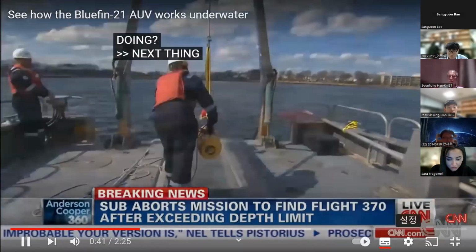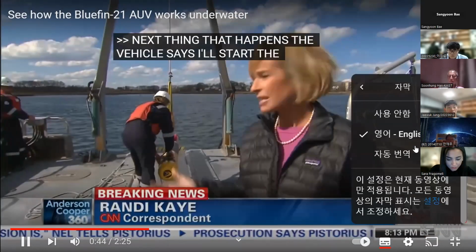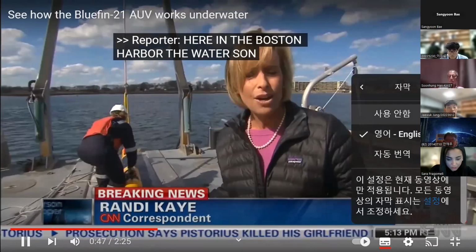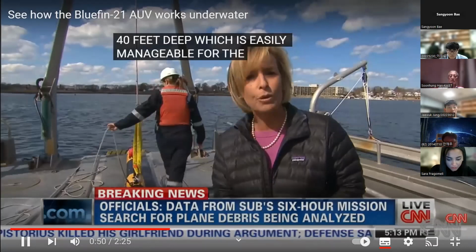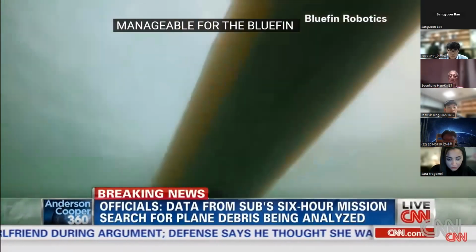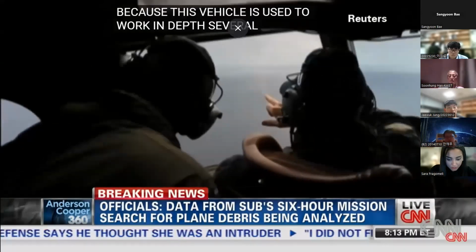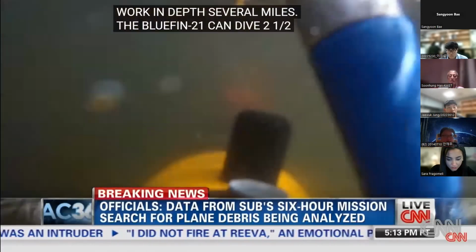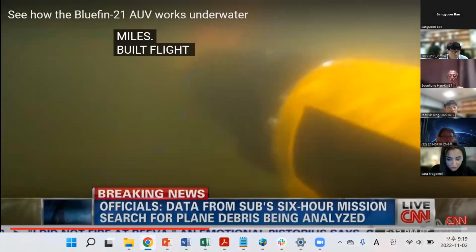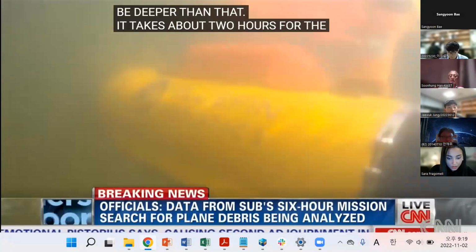Here in the Boston Harbor, the water is only about 40 feet deep, which is easily manageable for the Bluefin because this autonomous vehicle is used to working in depth several miles below the surface. The Bluefin 21 can dive about 2.5 miles, but Flight 370's wreckage in the Indian Ocean may be deeper than that. It takes about 2 hours for the Bluefin to reach the bottom, where it can operate for another 16 hours.